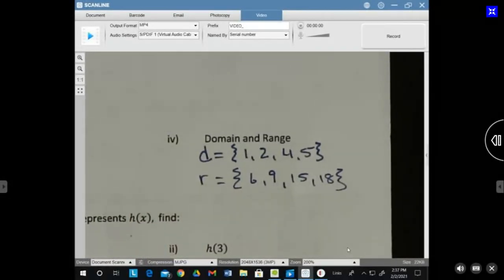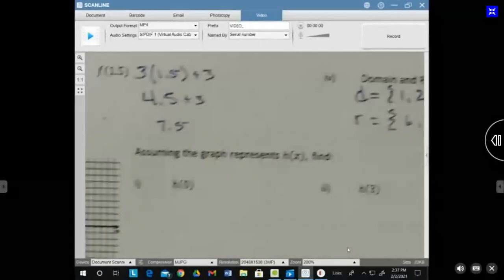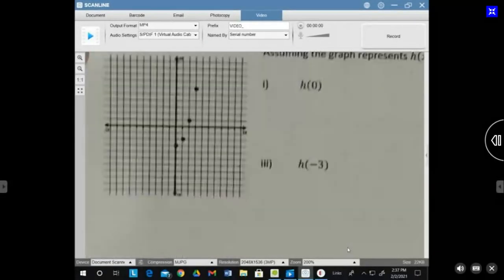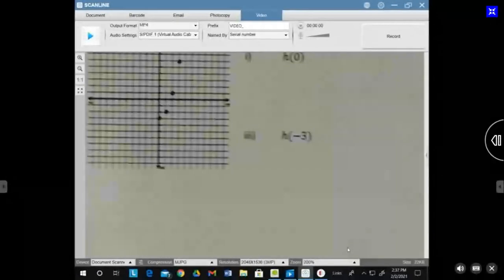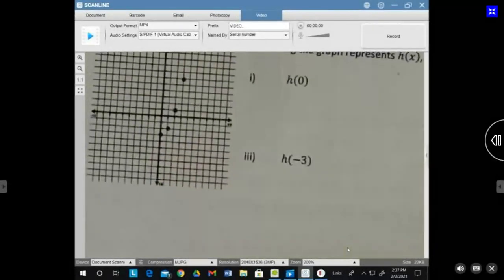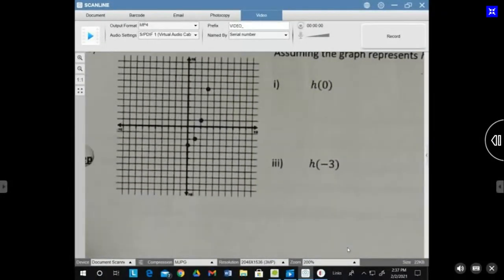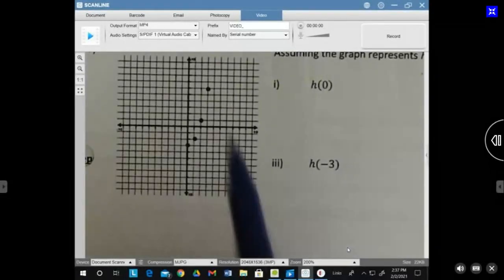All right, I'm going to do just a few more with you. Look at this graph in the middle. Look at your coordinate points. Do I have a point where x is negative 3? No. My negative 3 on x is back here, right?